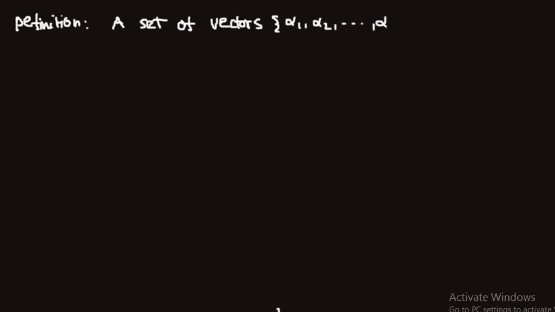So let me write the definitions. So here we have the definition. A set of vectors in a Euclidean space Rn. For example, I am taking the vectors alpha 1, alpha 2, and alpha k.